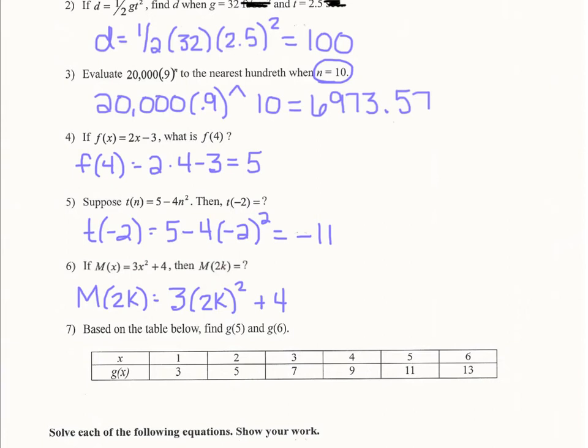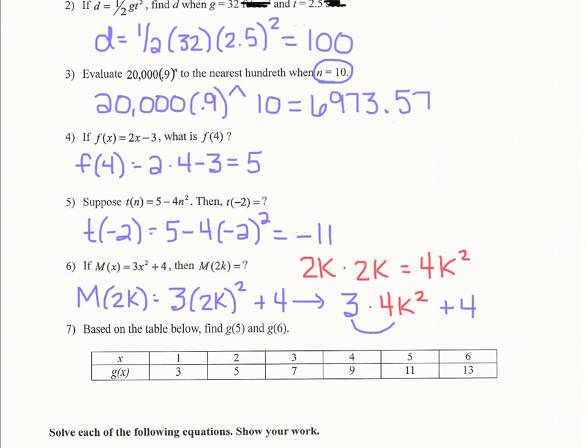When I write 2k squared, remember what that literally means is 2k times 2k. So if you multiply those two things together, 2 and 2 make 4, and k times k make k squared. So when I simplify this, I'm going to end up with 3 times 4k squared, and then plus the 4.